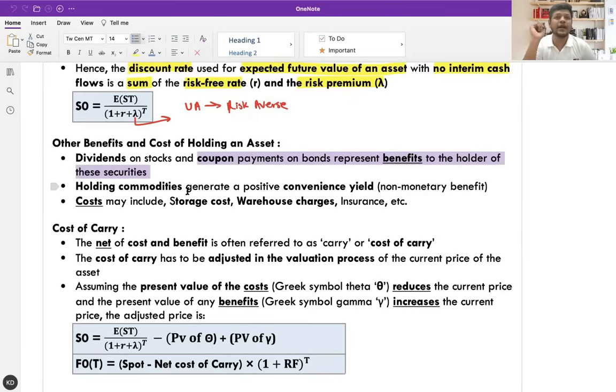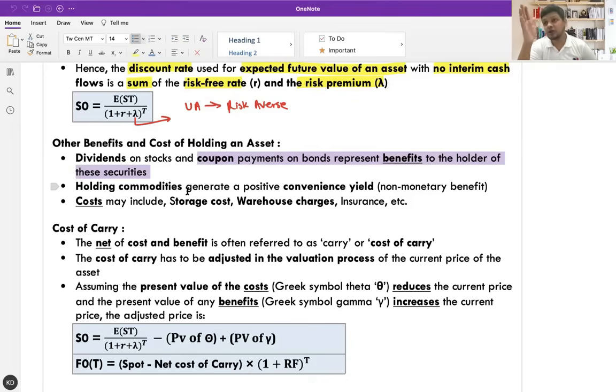However, if you're holding a commodity, like let's say you're holding tons of steel, where are you going to keep them if you're holding them physically? You will keep them somewhere in your backyard or in some warehouses. You will have to physically store the commodity.